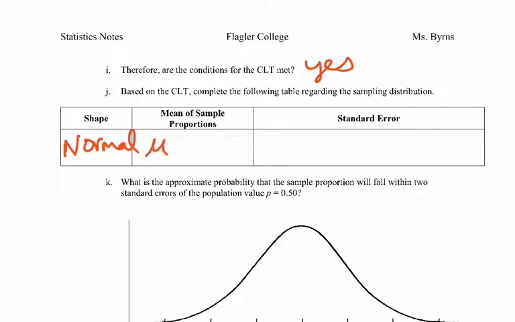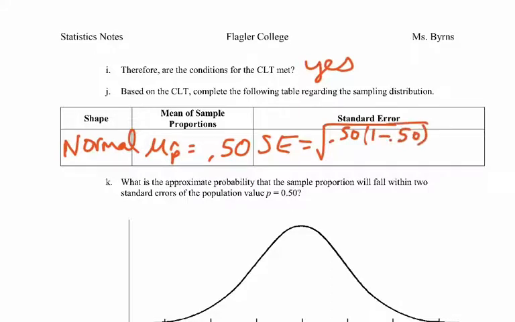The mean for my sampling proportions will be the same as for the population proportion, which was 50%. And then we need to compute the standard error. So the standard error is going to be the square root of P times 1 minus P, divided by N, which was 80.